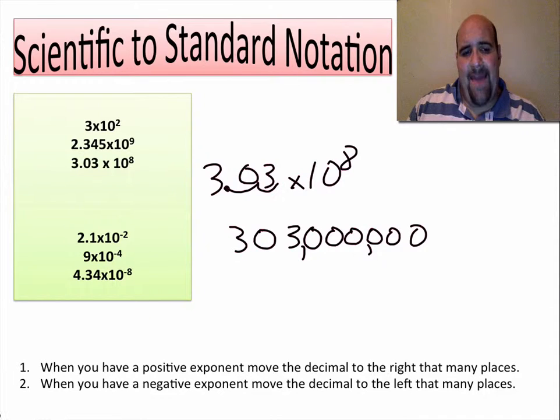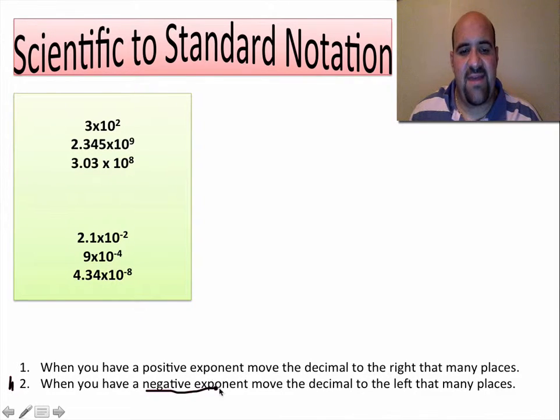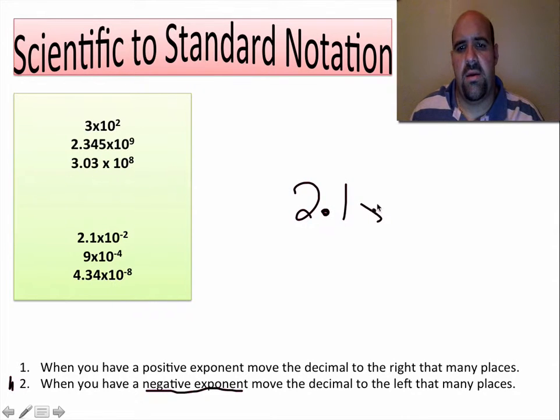Now let's look at the opposite case. Rule number 2: when we have a negative exponent, which these are, move the decimal that many places to the left. So the decimal is going to go the other way. So 2.1 times 10 to the negative 2.